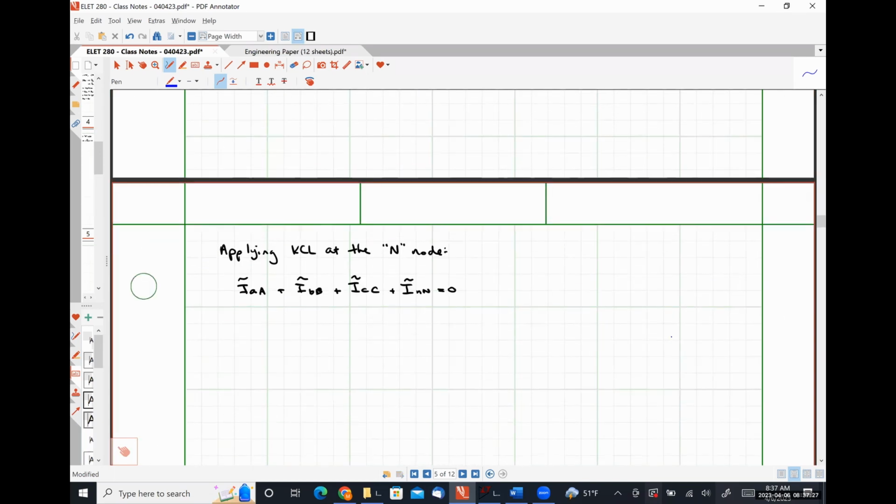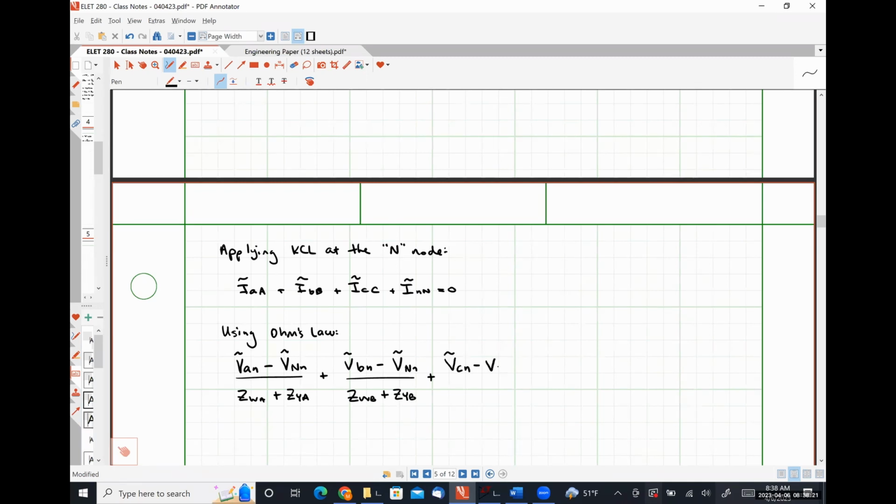And so what I'm going to come up with is V lowercase a n minus V capital N lowercase n divided by ZWA plus ZYA, plus V lowercase b n minus V capital N lowercase n over ZWB plus ZYB, plus V lowercase c n minus V capital N lowercase n divided by ZWC plus ZYC.